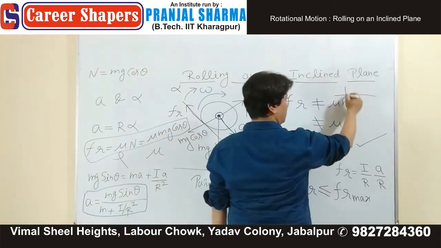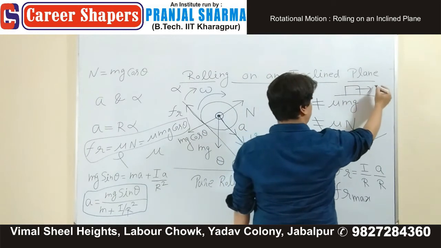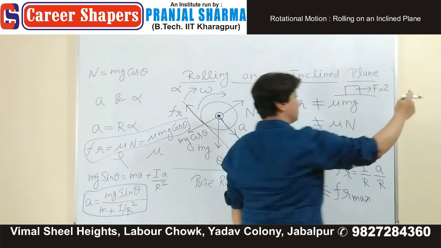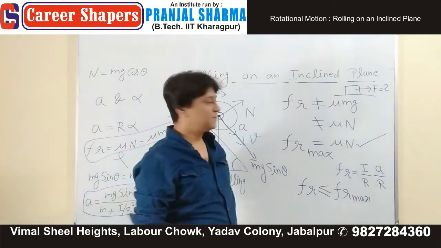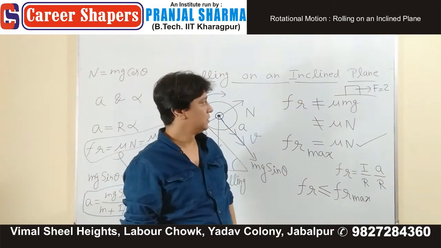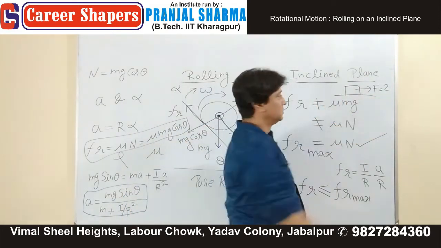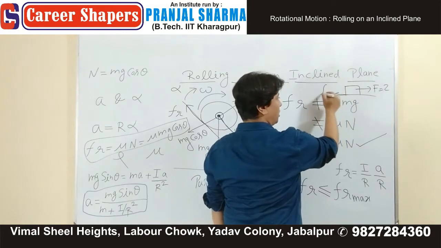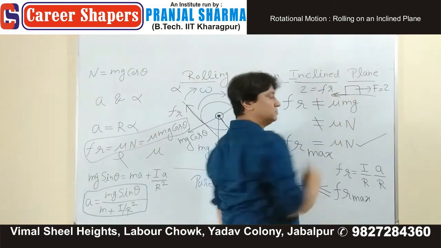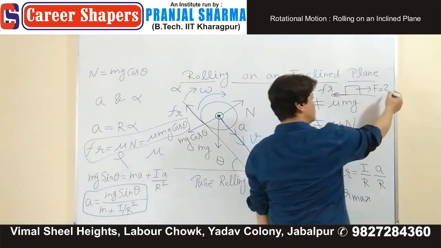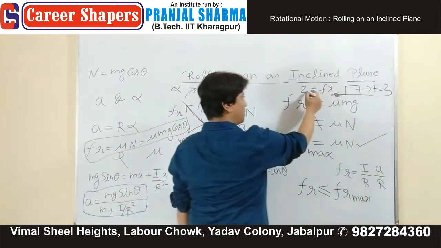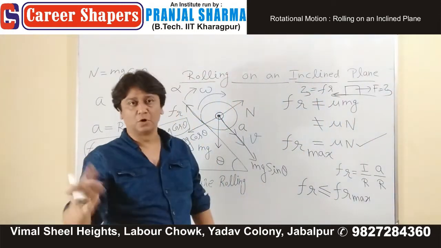एक बॉडी थी, इस पर फोर्स हम लगा रहे थे 2, whatever be the data is, and suppose maximum friction is 20. If F is 2, the friction acting on the body, that was 2. When you increase the force to 3, this Fr also increases to 3, and so on.